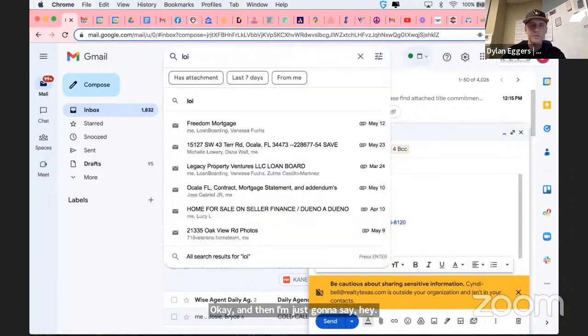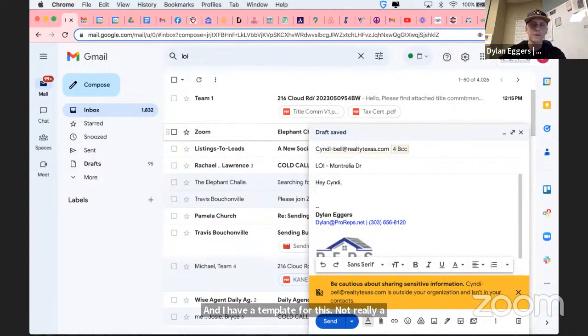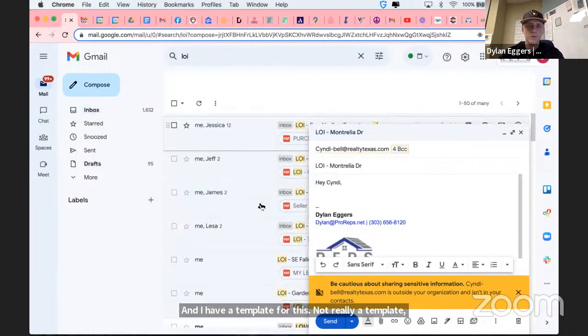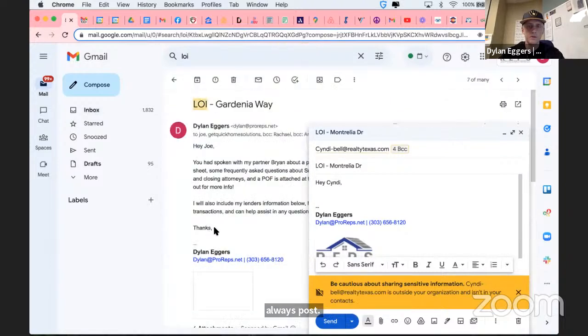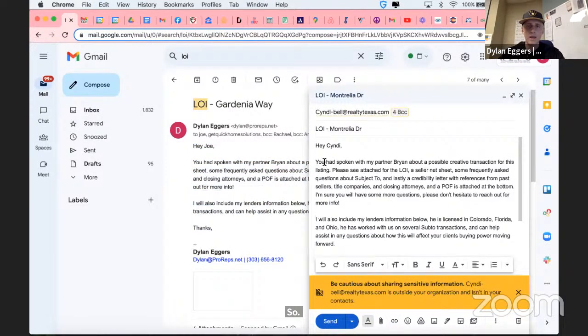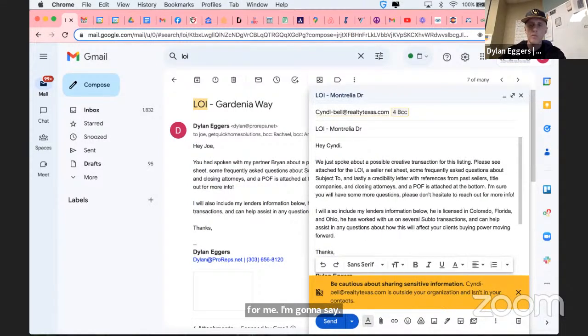Not really a template, but I send so many LOIs, I just copy what I typically post. So, hey, Cindy, this is if someone else called the lead for me. I'm going to say, we just spoke about a possible creative transaction for this listing.